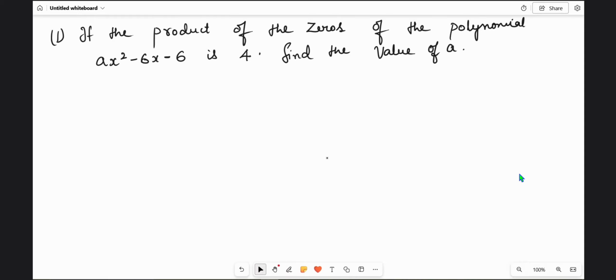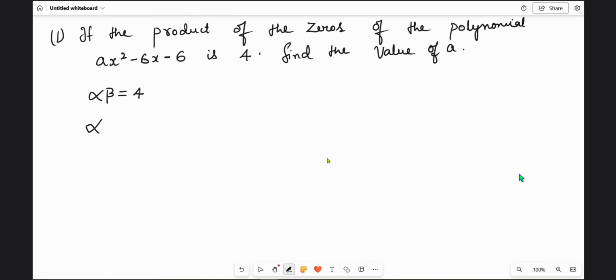Okay. But they have given, if the product of the zeros of the polynomial is 4. Product of the zeros means what? Alpha into beta. Product. That is equal to 4. Now find the a value. So alpha into beta is equal to what? C by a.